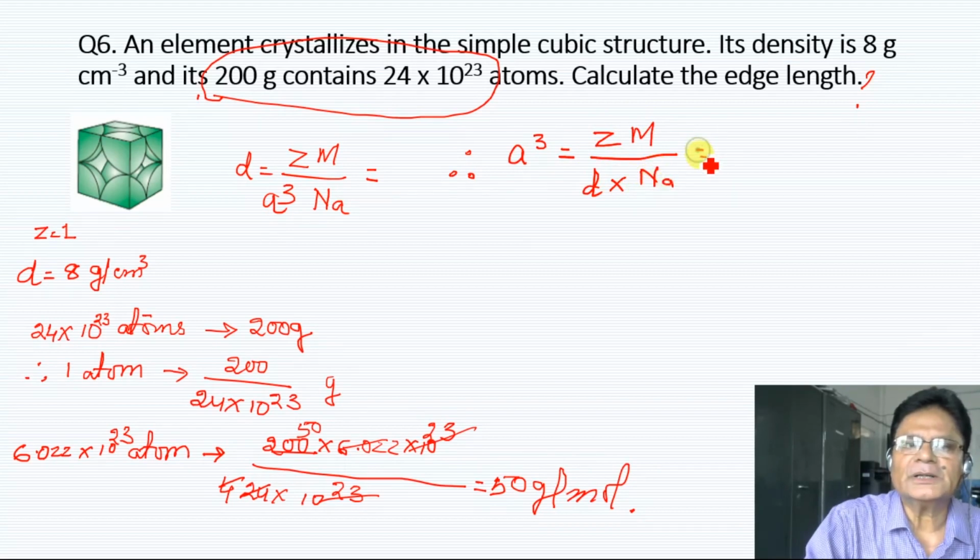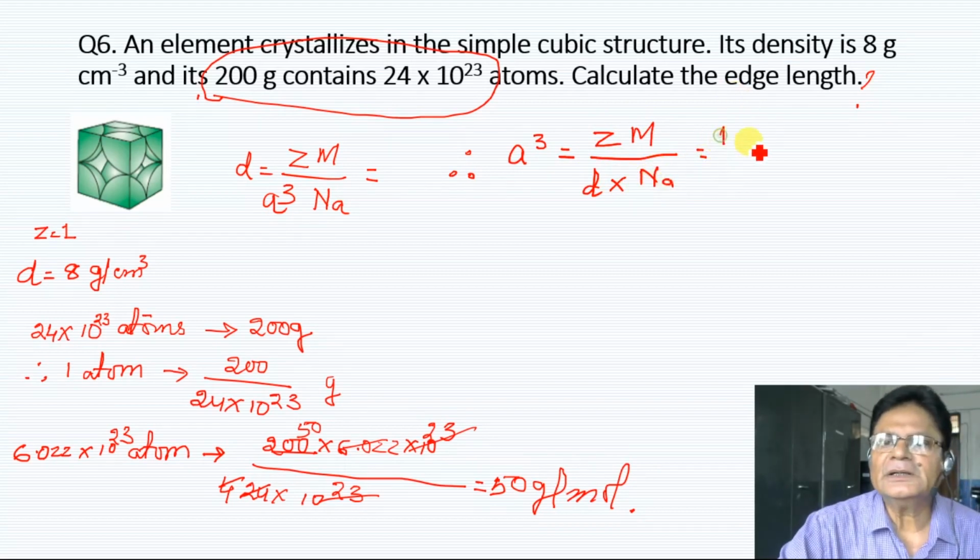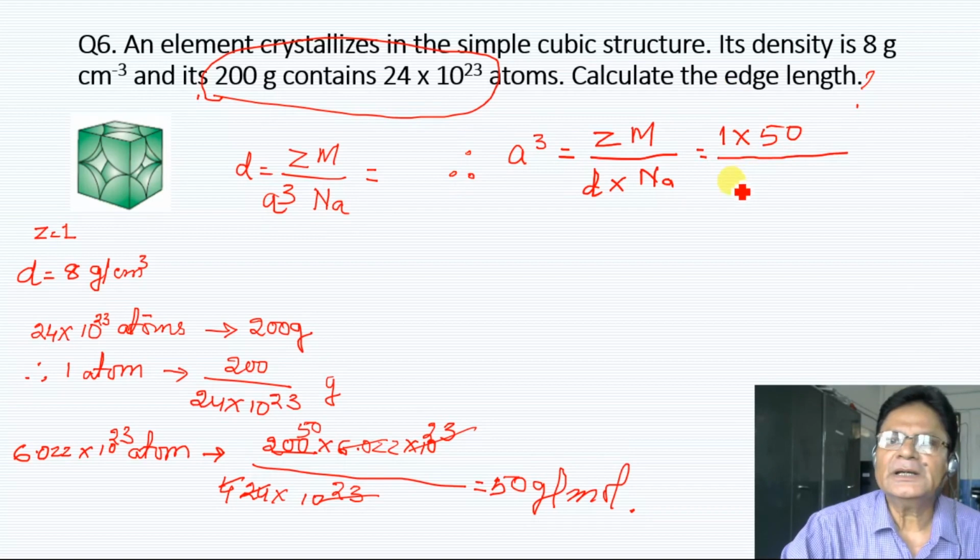Z is 1, molar mass is 50 divided by density 8 gram per centimeter cube into 6.022 into 10 to the power 23.